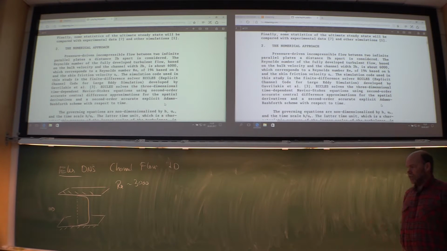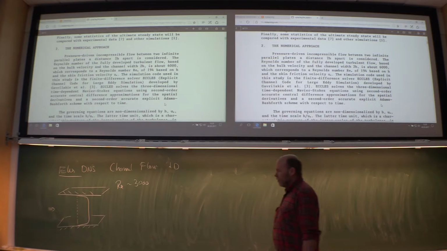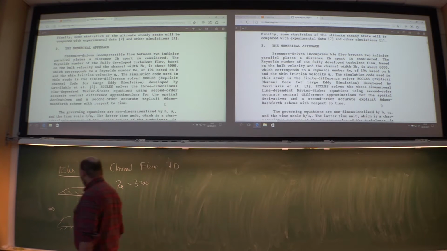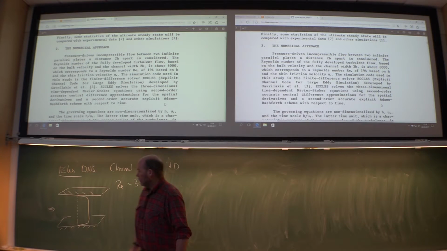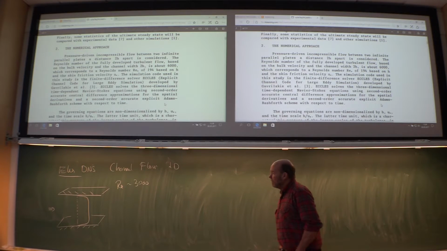You can't do a steady-state simulation. You have to let things change with time as well. So I run this using 4 million grid points, roughly, which was then almost the limit for the memory on the computer in those days.